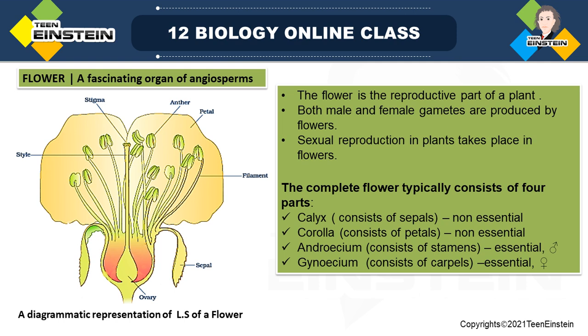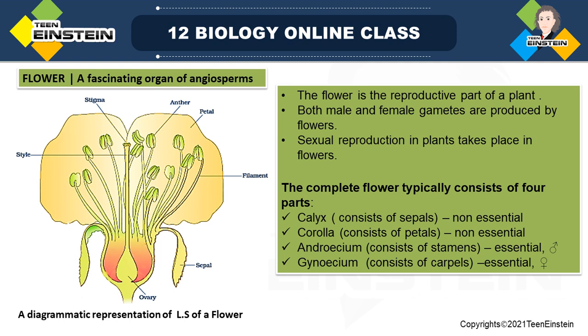So we should know how the flower is making arrangements for these pre-fertilization, fertilization and post-fertilization events, how these events are taking place inside a flower. We should learn the structure of a flower to learn about these events. So in your textbook they have given flower, a fascinating organ of angiosperms.